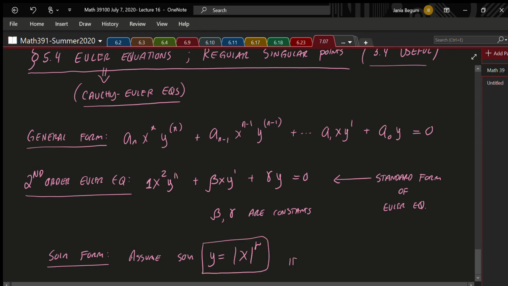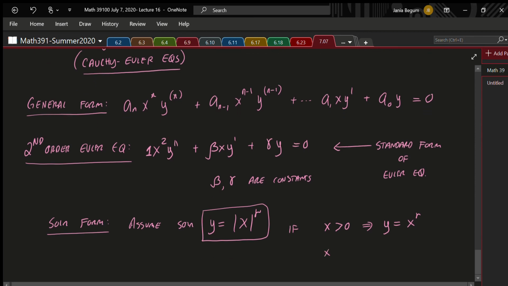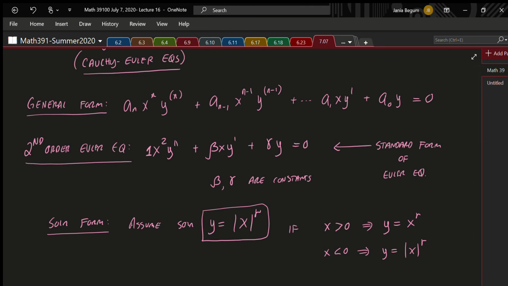If x is positive, then you can just say the solution looks like y equals x to the r. And if x is negative, then you want to bring in the absolute value, so you would say absolute value of x to the r. But in general, I'm just going to put absolute value of x to the r. If it's not mentioned in the question, are we assuming x is positive?